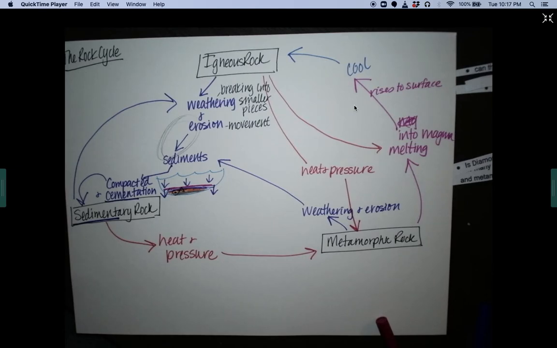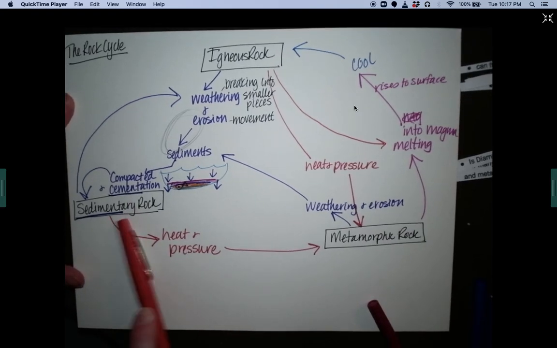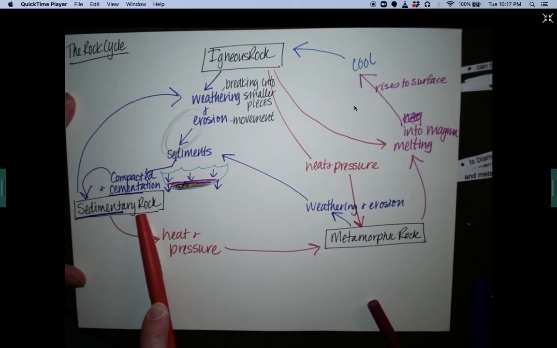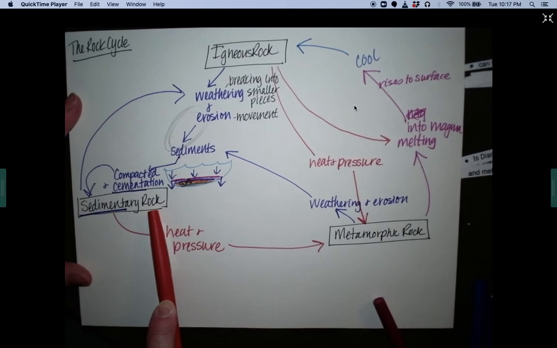Let's see. Can any type of rock get melted into magma? Absolutely, okay. If I get sedimentary rock, for some reason, let's say that there's a volcano that opened up in the middle of Kansas City. I hope that doesn't happen, but let's just say hypothetically that it did. Kansas City has tons of this type of rock. That's why we have all the caves. That's why we have a lot of lakes, like the Lake of the Ozarks and stuff.